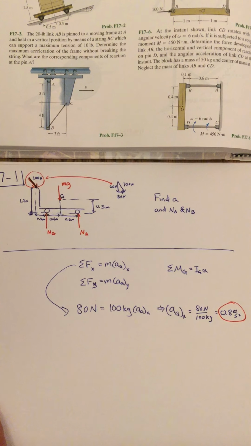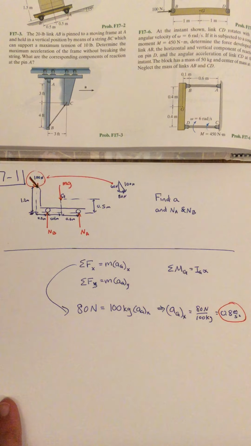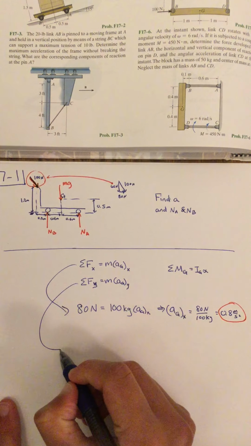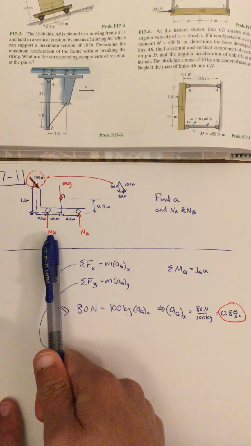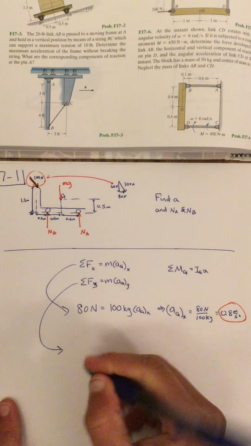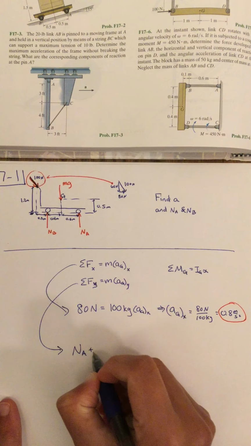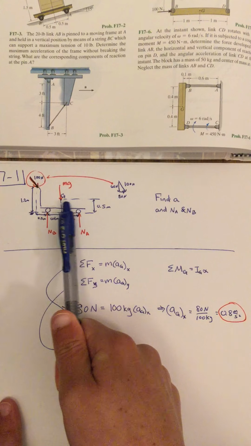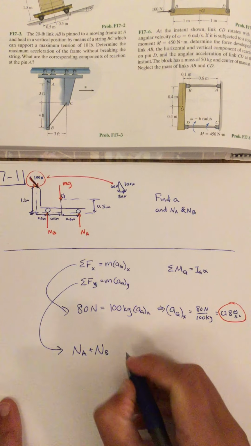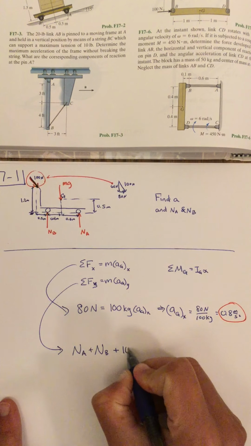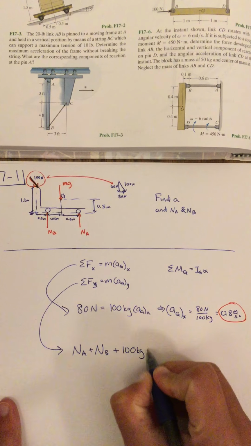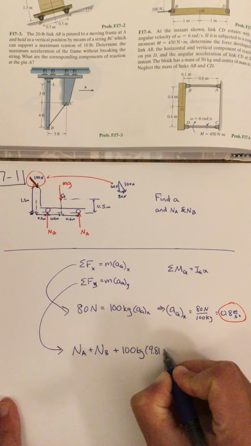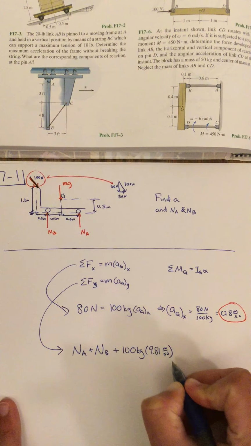Okay, so then we can look at Newton's second law in the y direction. And in the y direction, we have NA and NB acting upward. And we have the force of gravity acting downwards. The mass is 100, so this is plus 100 kilograms times 9.81 meters per second squared.